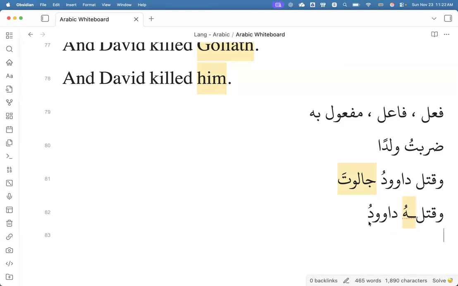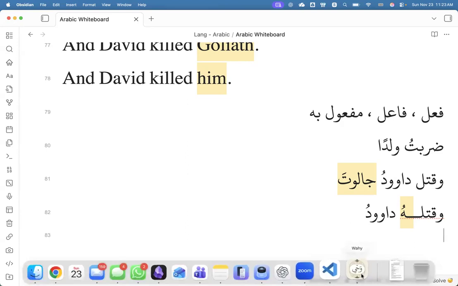But that pronoun becomes the suffix of the fi'l. It becomes the suffix of the verb. Okay? وَقَتَلَهُ دَاوُودُ. Clear? Or kind of clear? Yes, alhamdulillah.